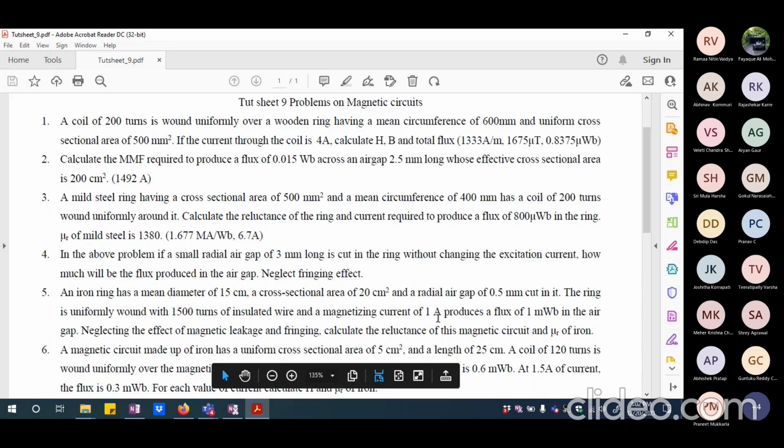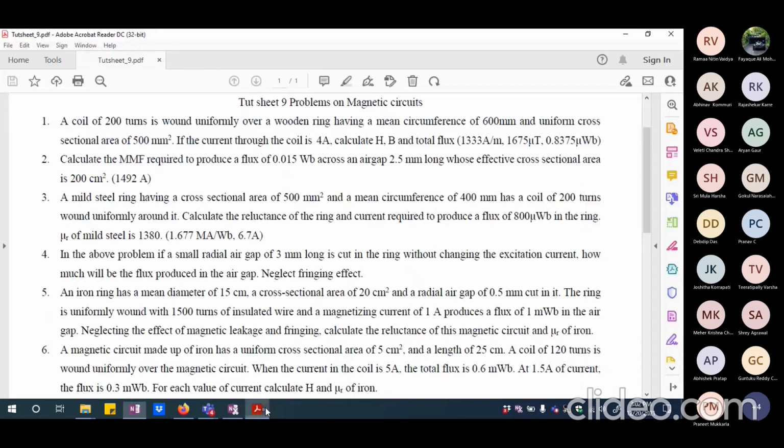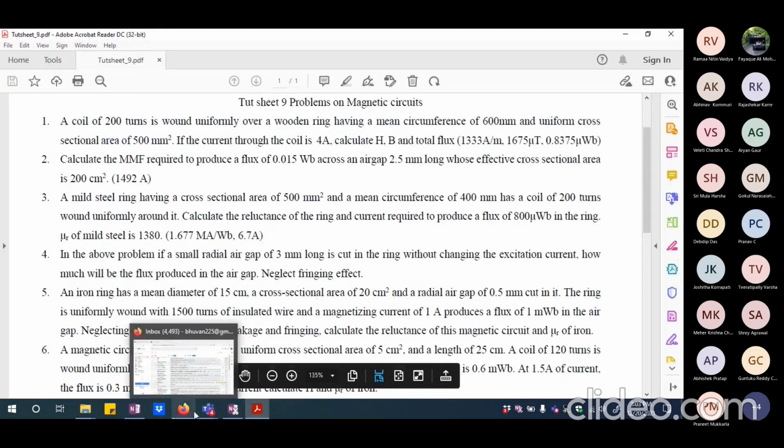So MMF is 1500 multiplied by 1 ampere, which is 1500 ampere turns. Let me write that down first. So I'm being given MMF equal to 1500 ampere turns. The second thing that is given is it has a mean diameter of 15 centimeter and a cross-sectional area of 20 centimeters square, and the air gap is 0.5 mm.